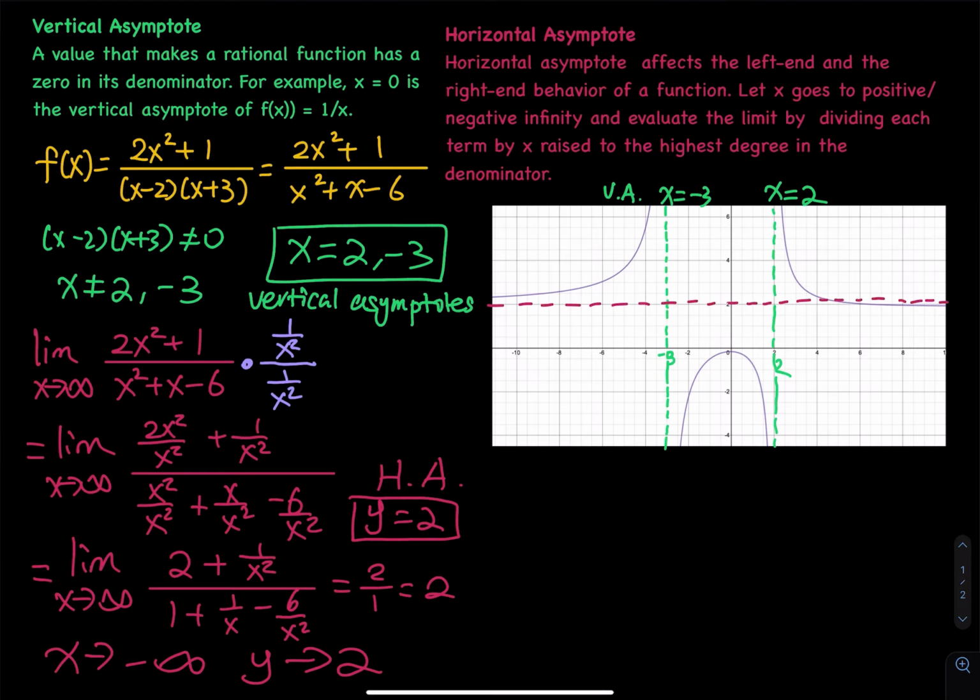One question that you might ask me is, hey, as x approaches negative infinity, y approaches 2, I get that on the left hand side. But how about this? As x approaches positive infinity, y approaches 2, yet it looks like this curve right here just crossed the horizontal asymptote.